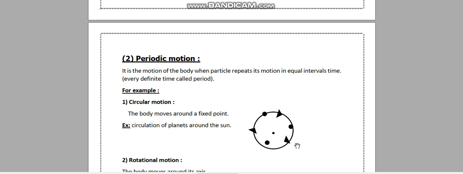You can see periodic motion around you, like when you see the moon rotating around the earth, it makes one complete cycle and keeps rotating around the earth every day. So when anybody is in a motion that is repeated in equal intervals of time, it is said to be in a periodic motion.